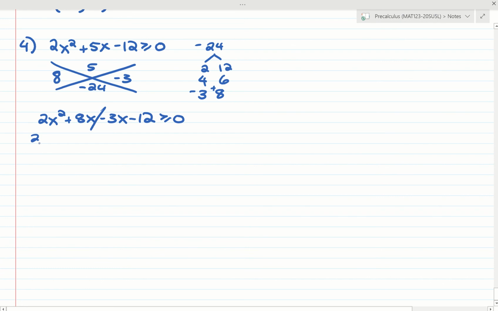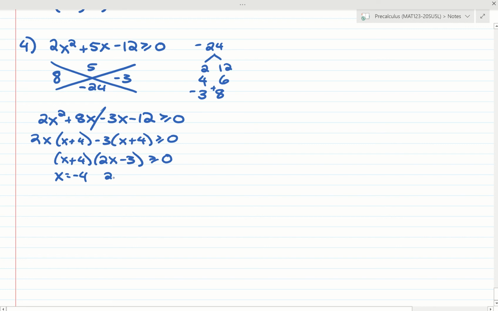Okay, well, let's factor it quickly here, and then we'll go to our next step. Get x plus 4, take out a -3, get x plus 4. So we'll get x plus 4 times 2x minus 3 is greater than or equal to 0. This would give us x equals -4, and we get 2x minus 3 equals 0. If you bring the 3 over and divide by 2, you get 3/2.